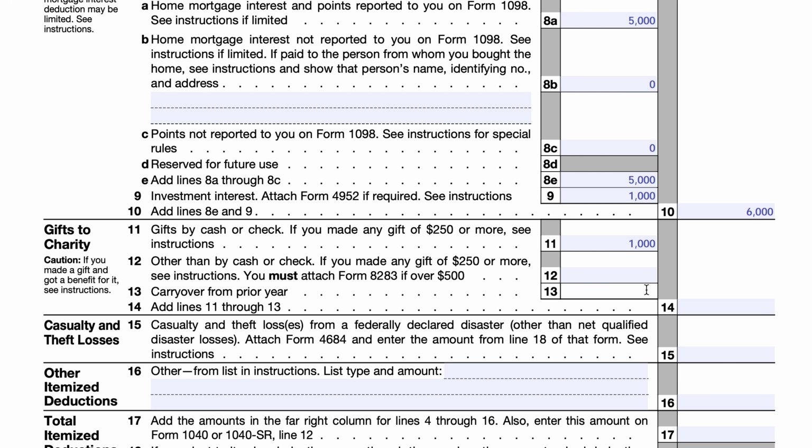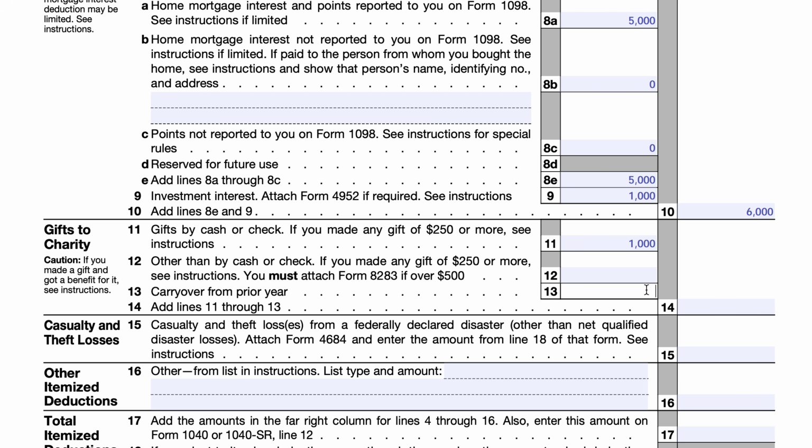In line 13, these would be carryovers from prior years. So if you aren't allowed to take a charitable deduction in the current year, if you over contributed and your total charitable contribution was limited by the adjusted gross income amounts, you can carry them forward for up to 5 years.